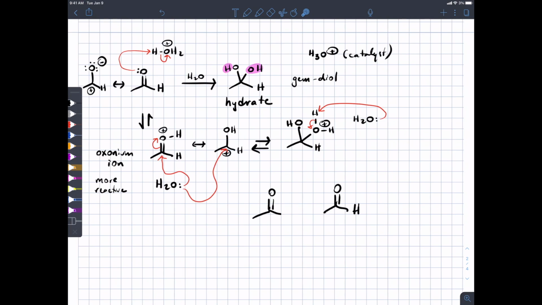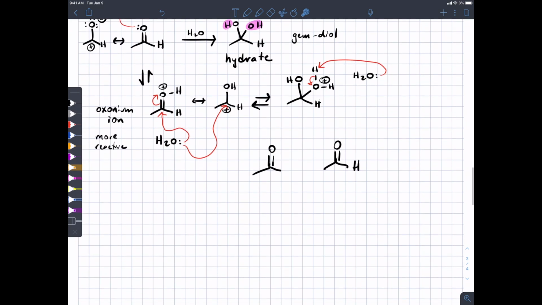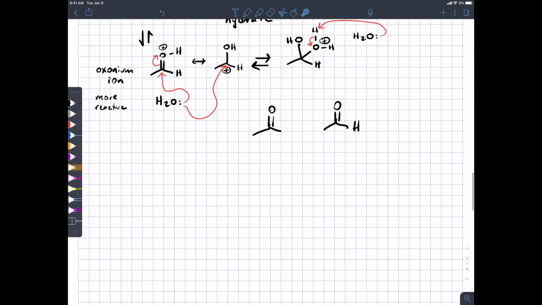Why are we doing this? Well, a lot of biology happens in water, and biology also happens to have a large number of carbonyl compounds. So being aware of what can happen when you have carbonyl compounds in water is a key part of understanding the biochemical reactions that keep us all alive.